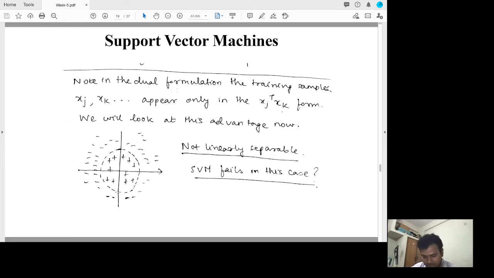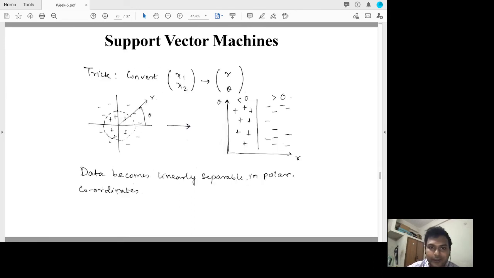Now SVM was a very powerful tool. It was the most powerful tool before the advent of neural networks. So obviously people found a way to make SVMs work for this as well. This is the trick, and it comes up as the kernel trick much later.